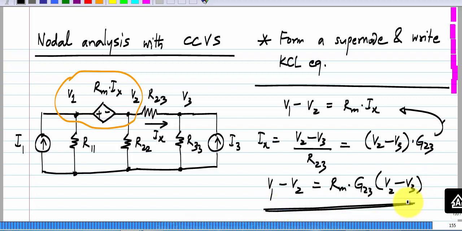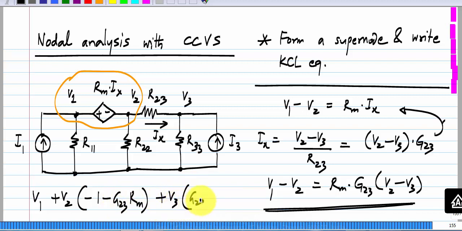Now, as with the voltage controlled voltage source, the right hand side also consists of variables. So we take them to the left hand side and write V1 plus V2 times minus 1 minus G23 Rm plus V3 times G23 Rm to be equal to 0.